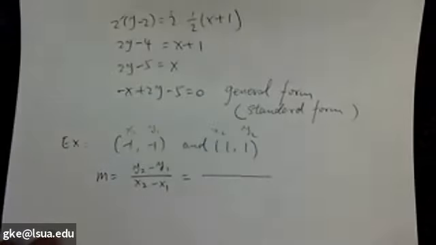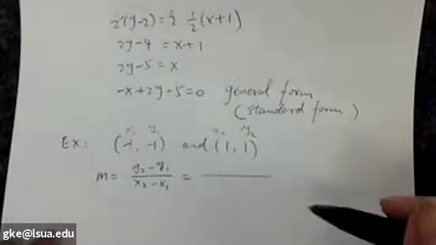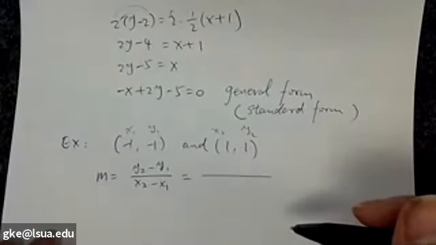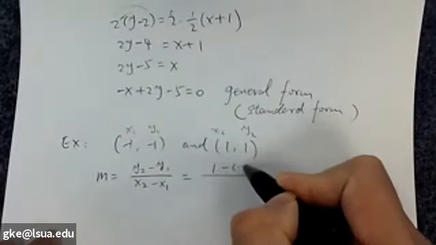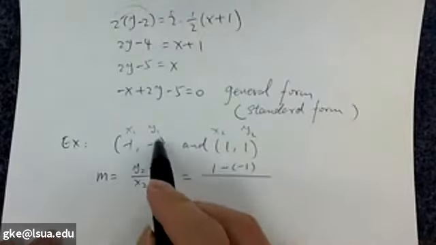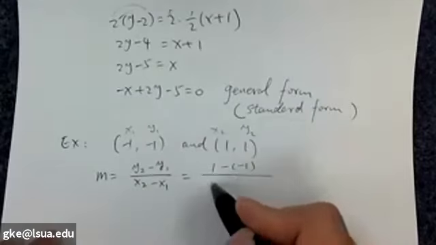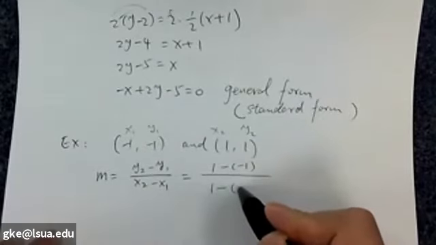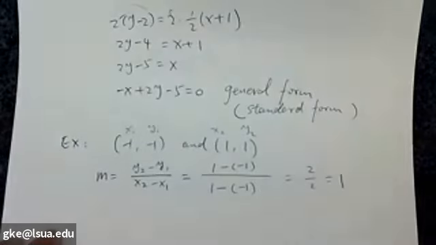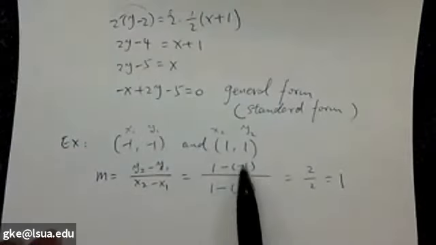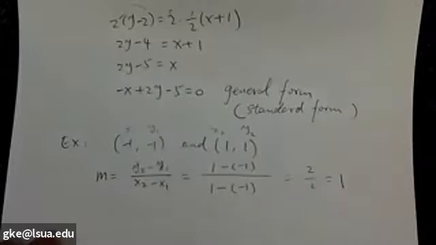Plug in, and you're gonna get y2 subtract y1 is 1 minus -1, x2 subtract x1, that is 2 over 2 equals 1.